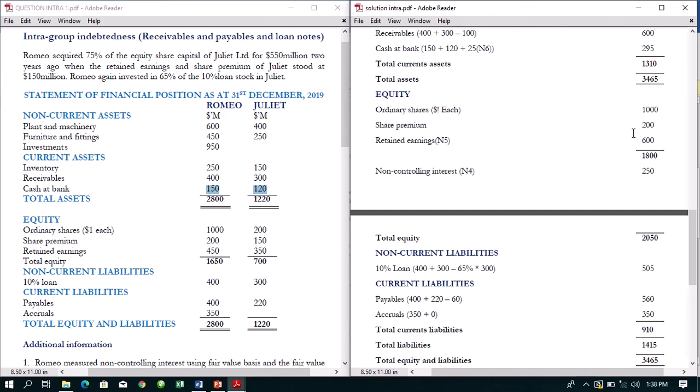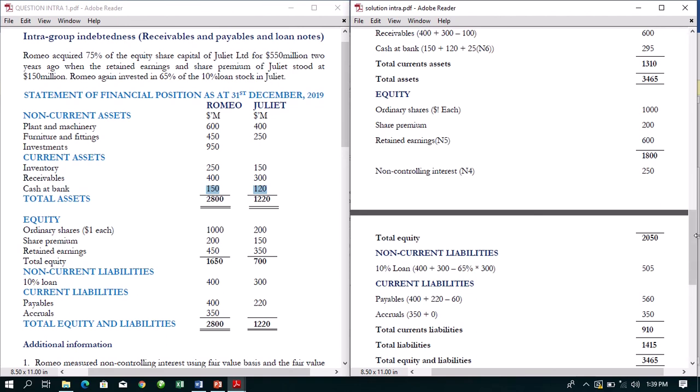Don't forget, we calculated our retained earnings in note 5 above and we got 600. So adding all this together, we are going to have 1,800. So I need to add my non-controlling interest in line with note 4. According to note 4, we calculated our NCI to be 250, giving me my total equity of 2,050, and that is the end of equity.